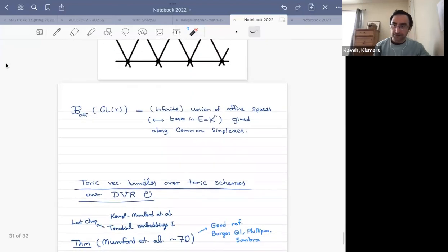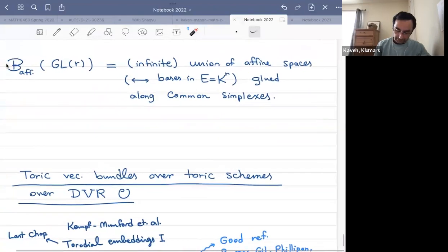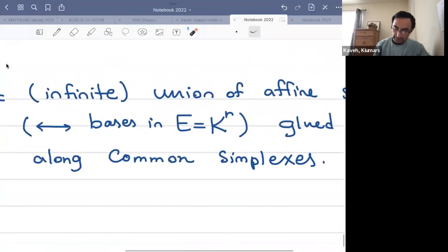And then there is an exact description of it, for GLr or SLr, in terms of lattices in the vector space K to the r. I think I'm skipping that slide.